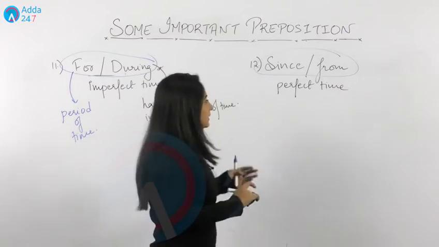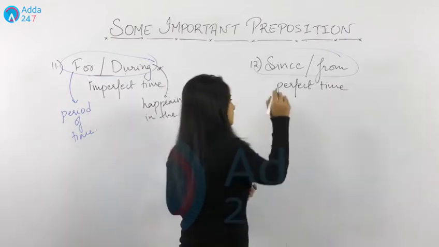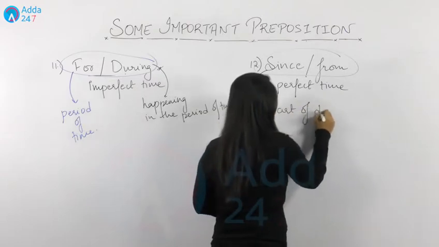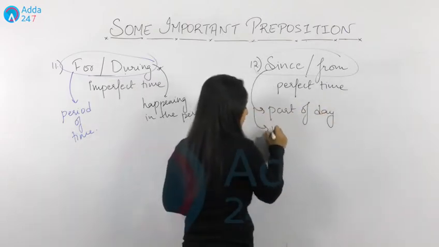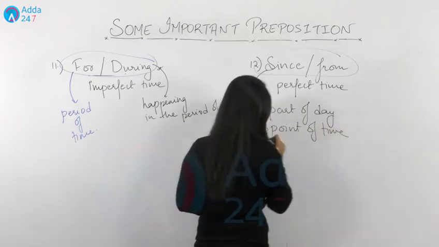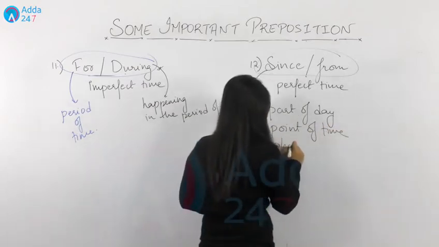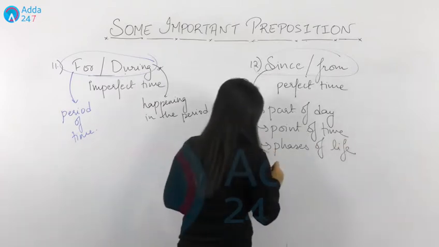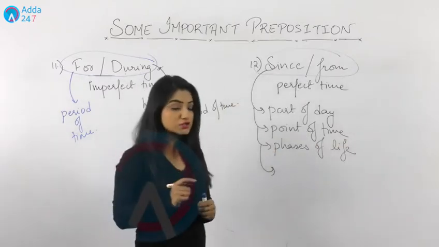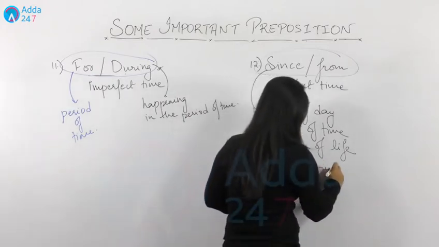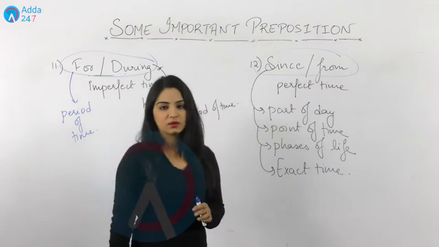Fine. Next is since and from. Since is used with part of day, with point of time, with phases of life, and along with this we can also use it with exact time, right?